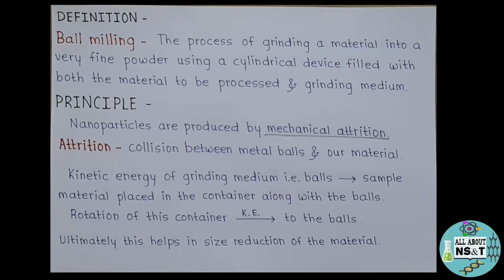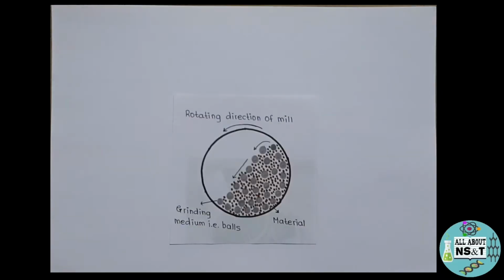So what happens during the process is the kinetic energy of the grinding medium, that is the balls, is transferred to the sample material placed in the container along with the balls, while the rotation of this container imparts kinetic energy to the balls, and ultimately this helps in size reduction of the material.